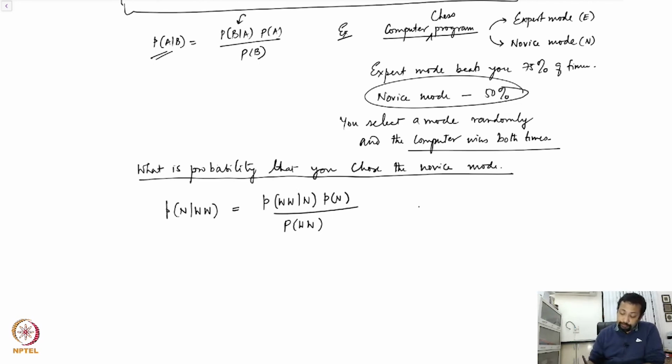So now the probability of choosing a novice mode is half, because either you choose the novice mode or you choose the expert mode, and you have closed your eyes and selected one option, right? And therefore the probability of winning given that you have chosen the novice mode is 1/4. That is very clear, right?